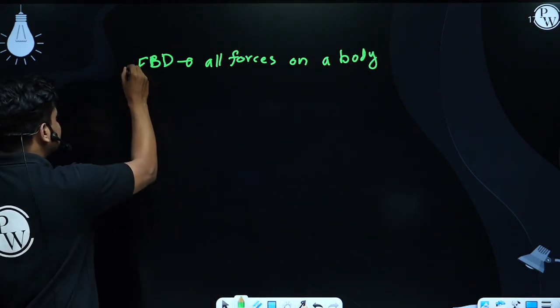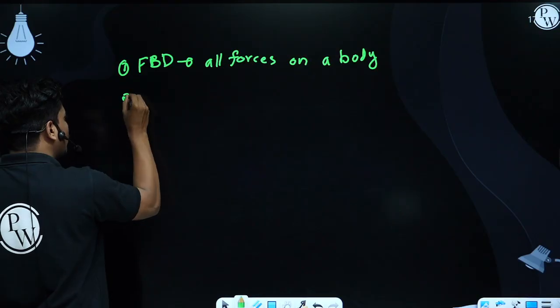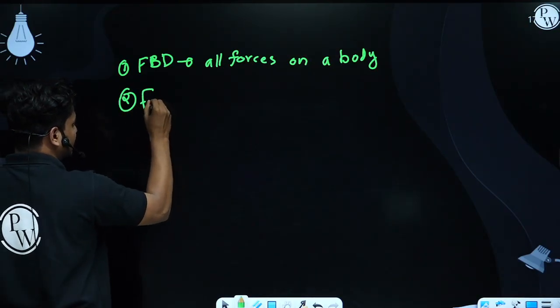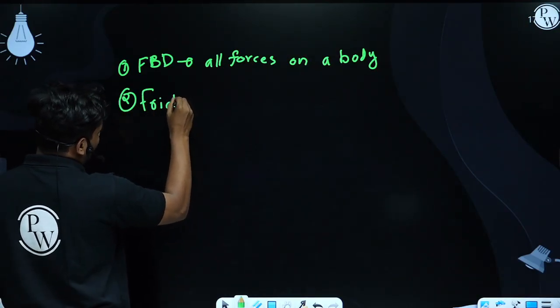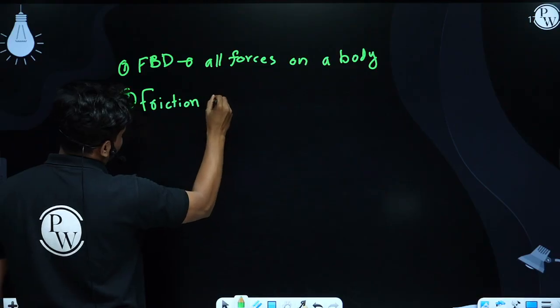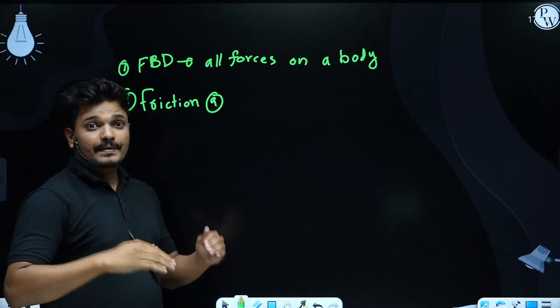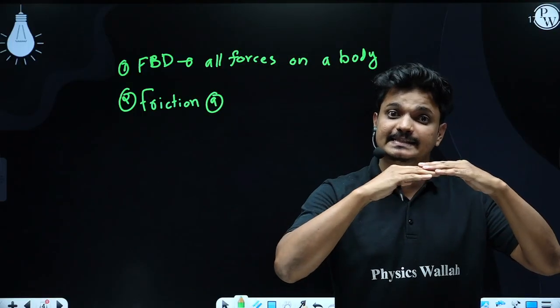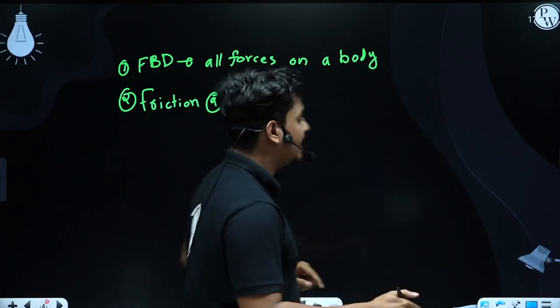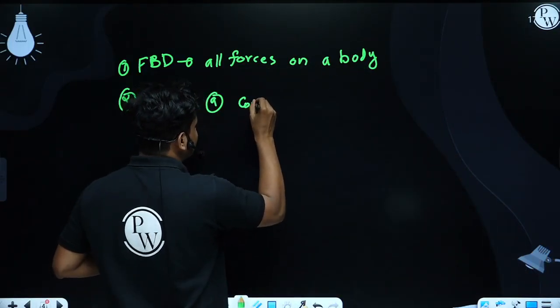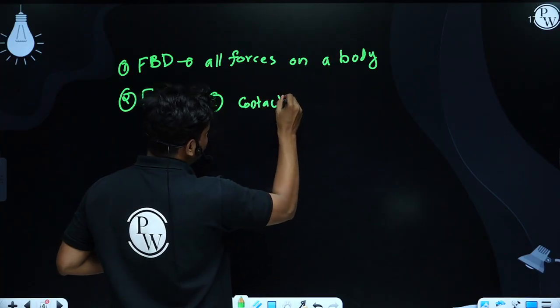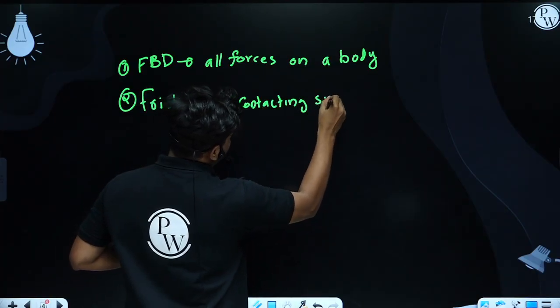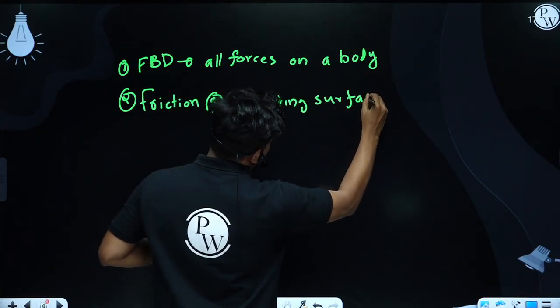Then the second thing is about the friction. About the friction you should remember 3 points. The first point is, friction arises when there are contacting surfaces present.